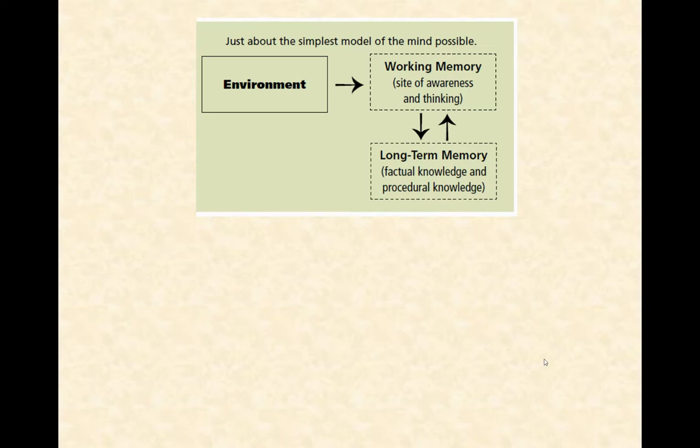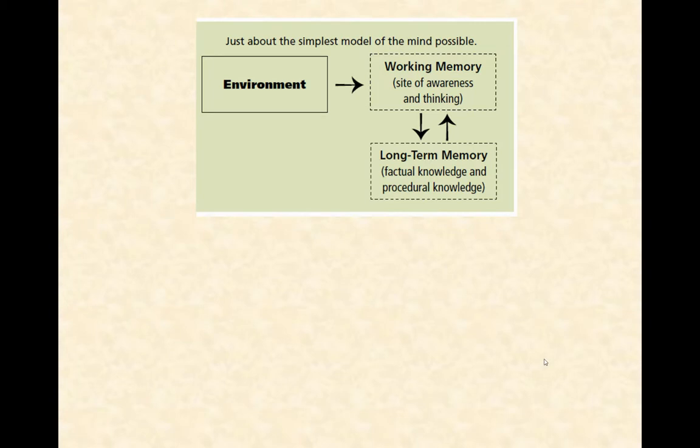So when we talk about memory in psychology, we're not going to use it as just a singular lump term. We're going to separate it into different types, working and long-term. Working memory is whatever you're consciously thinking about.